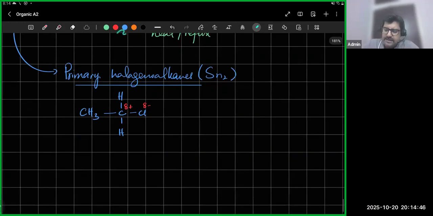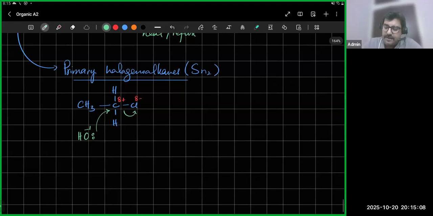So what is needed is that you have to create the nucleophile first. So OH minus comes in, it pushes the Cl away. Its negative charge is going to push the Cl, which is also negative, away, and it's going to eventually knock it out.